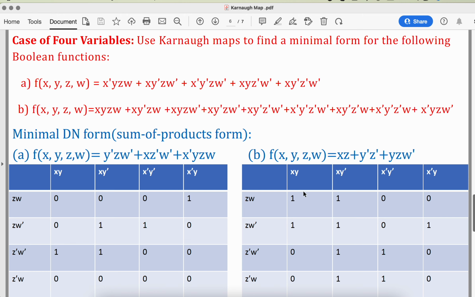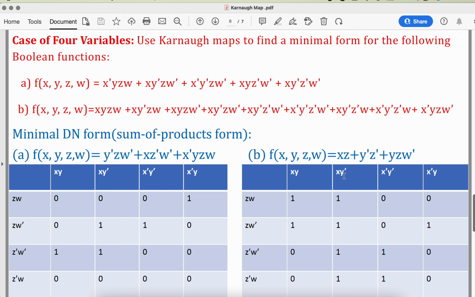We have X Y Z W here. So it is 1 for X Y Z W'. This term, so it is 1 here. X Y Z' W', we don't have, so this is 0. X Y' Z W', this is 1.